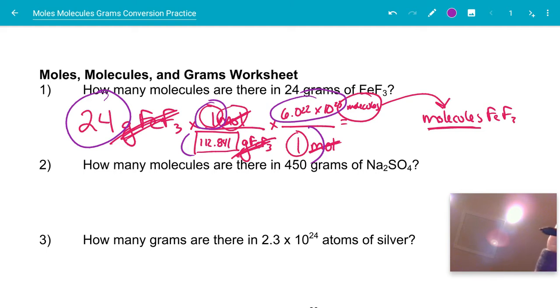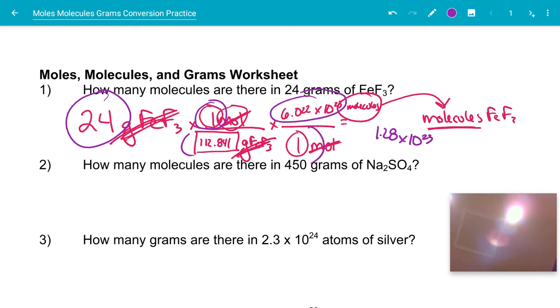But if I enter it into my calculator, 24 times 6.022 times 10 to the 23rd. Where is that on my calculator? There we go. 23rd equals, and then I'm going to divide by 112.841, and I get 1.28 times 10 to the 23rd molecules.